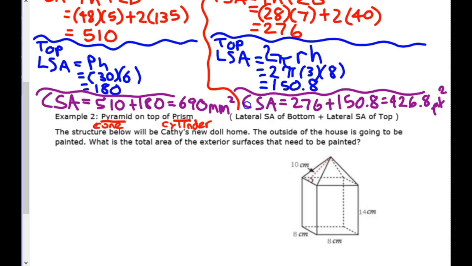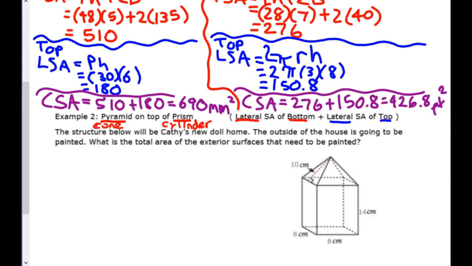But when you have a pointed thing on top of a non-pointed thing, a pyramid on a prism or a cone on a cylinder, you have new rules. So look at these rules right here, okay? The lateral of the bottom and then the lateral of the top. This time, you're going to find both laterals and add them up, okay?